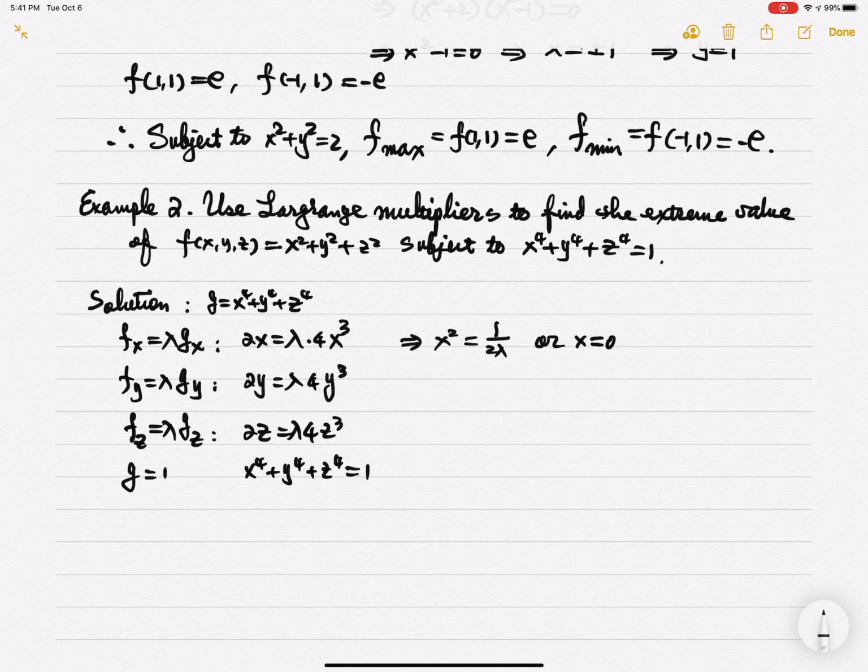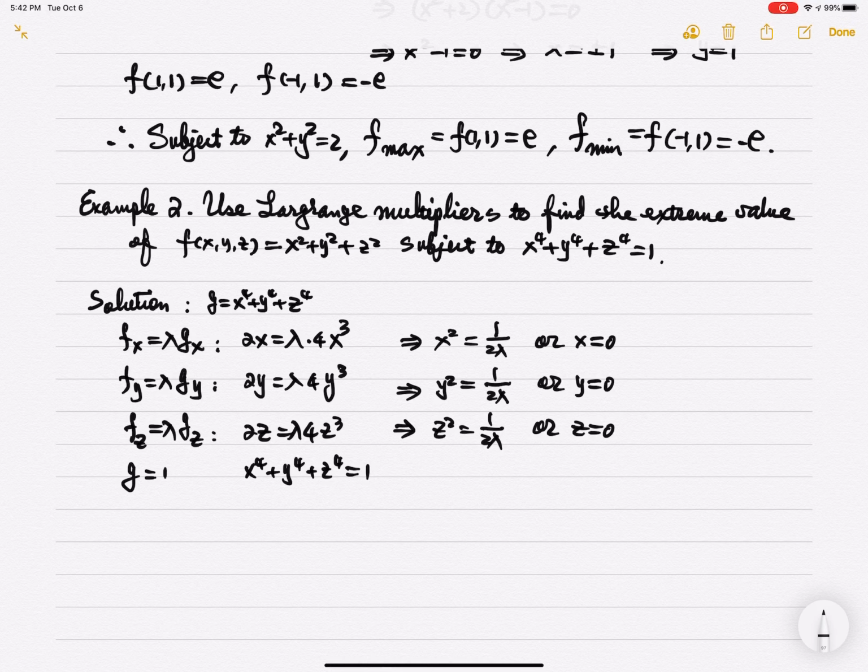And then this implies y squared equal to 1 over 2 lambda or y equal to 0. Now notice, if x equal to 0 and y equal to 0, then z cannot be 0. That's why I use an or. So this implies z squared equal to 1 over 2 lambda or z equal to 0.